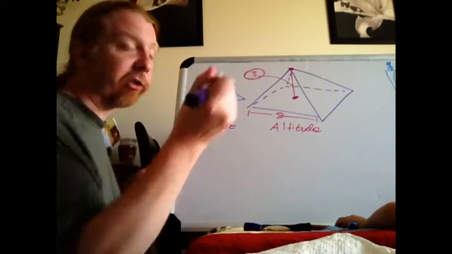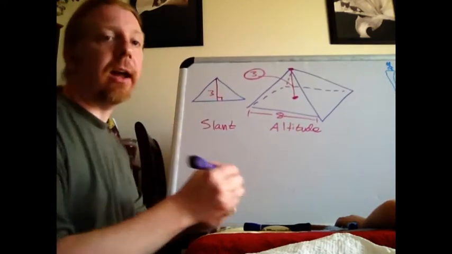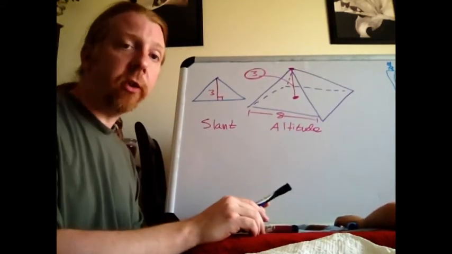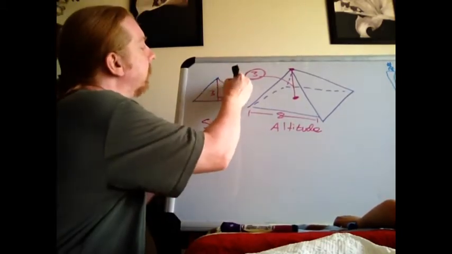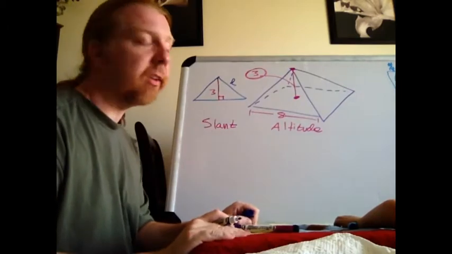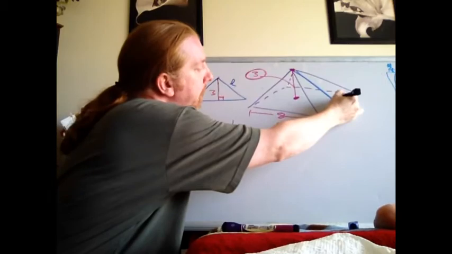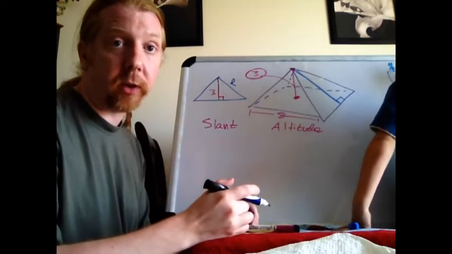And in this picture, my altitude is 3. For all calculations involving surface area, I'm going to need the slant, which is the distance along the side of it. That's this distance here. So I'm going to make sure I have a strategy which will calculate between the two.